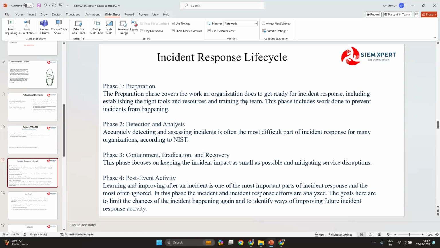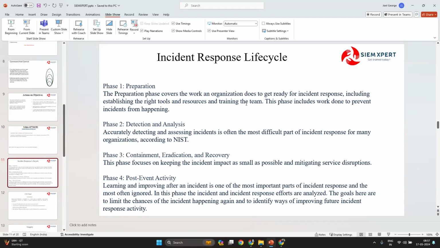The incident response life cycle. For an effective cybersecurity assessment and evaluation, an organization would need to adopt an incident response framework.